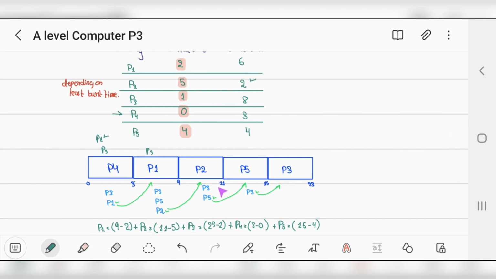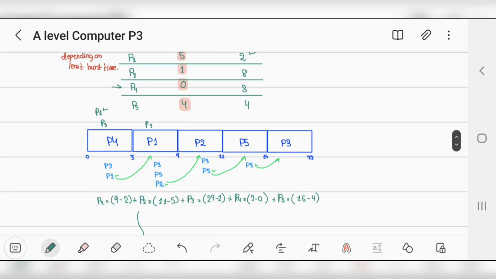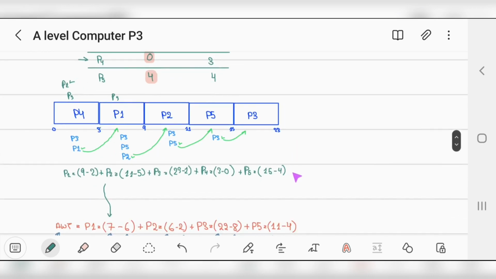P2 is 11 minus 5. P3 is 23 minus 1. P4 is 3 minus 0. And P5 is 15 minus 4. All complete. And at the end, after adding them, you just divide this by 5 to calculate the average turnaround time.